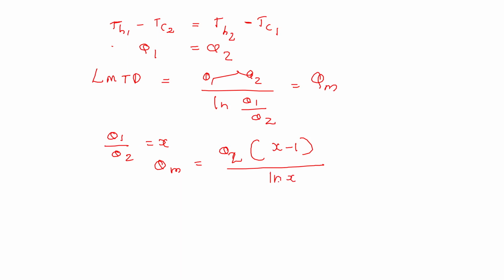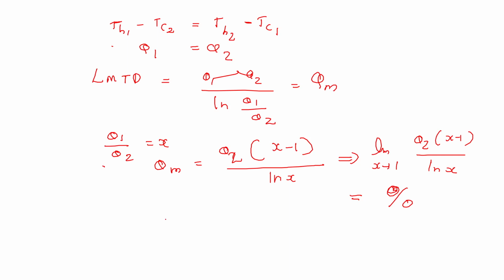Now you have to apply the limit here. So limit x tends to 1 of theta 2 times (x minus 1) divided by log x. Here you will get the 0 by 0 form, because if x tends to 1, the numerator will be 0 and log 1 will be 0. In such a situation we have to apply L'Hospital's rule, because we are applying the limit.